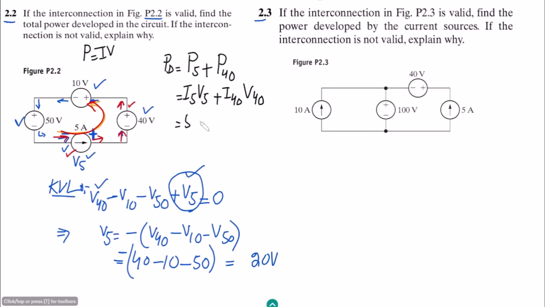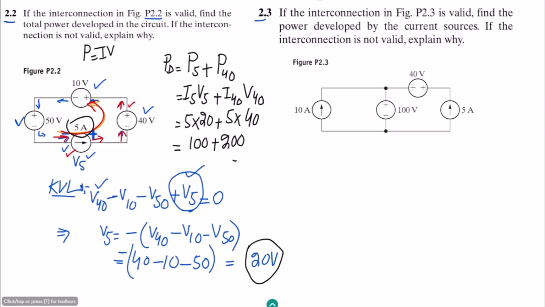So let me write here 5 multiplied by the value of V5, which I have already found out is this 20. Okay, and the value of I40 is again the same one, which is constant overall through this branch. So this one is 5 multiplied by V40, this is 40. So let me find it out. This is 100 plus this is 200.